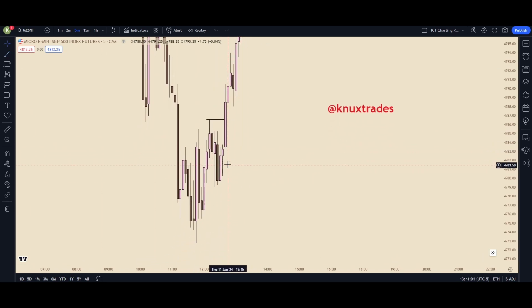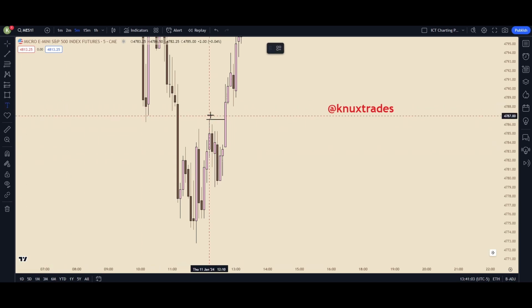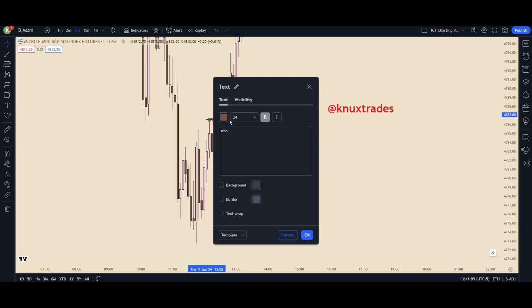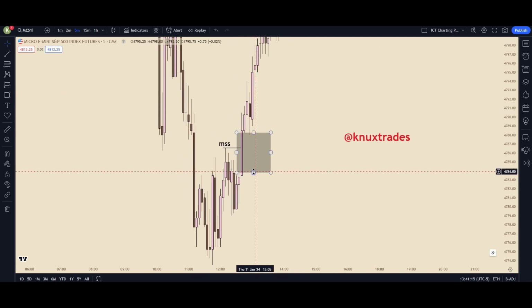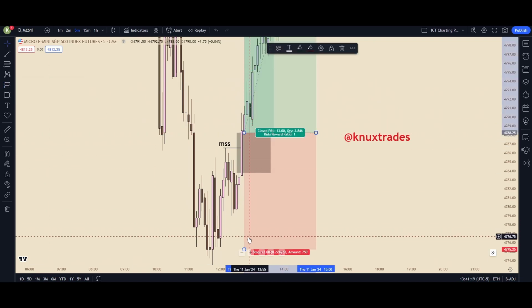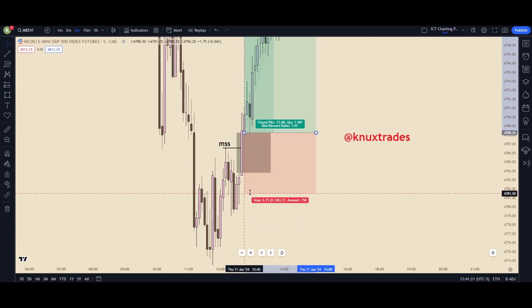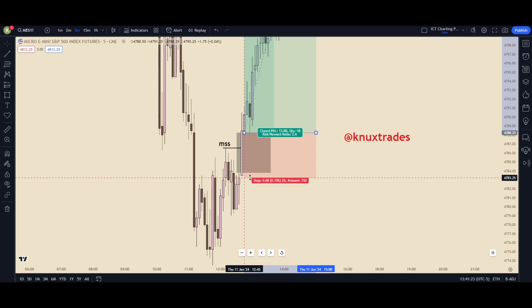But all right, on to the A plus entry. So we have a market structure shift here with this swing high, and then we have a bullish fair value gap right here with our stop loss on this candle.